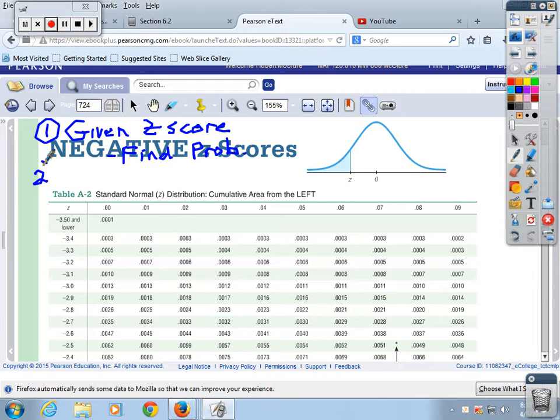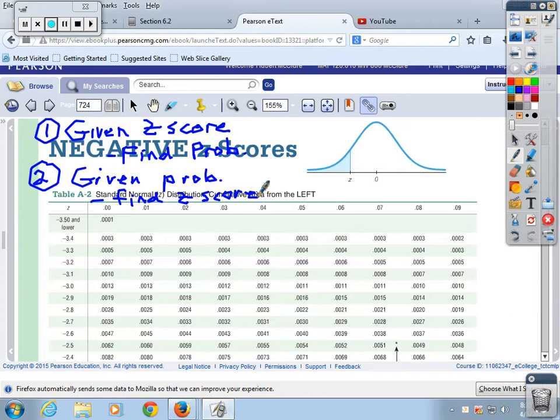Or you're going to be given a probability and you find what? Z-score. Now that's what you're going to be doing in this section for homework, and that's what's going to be making up your test from 6.2, these two type questions.